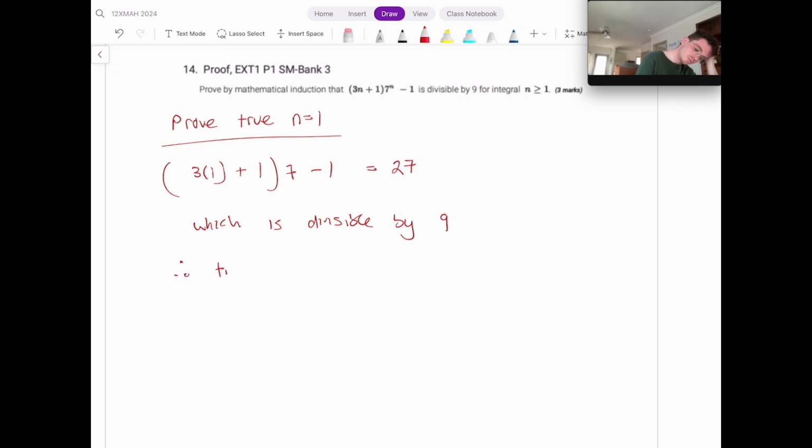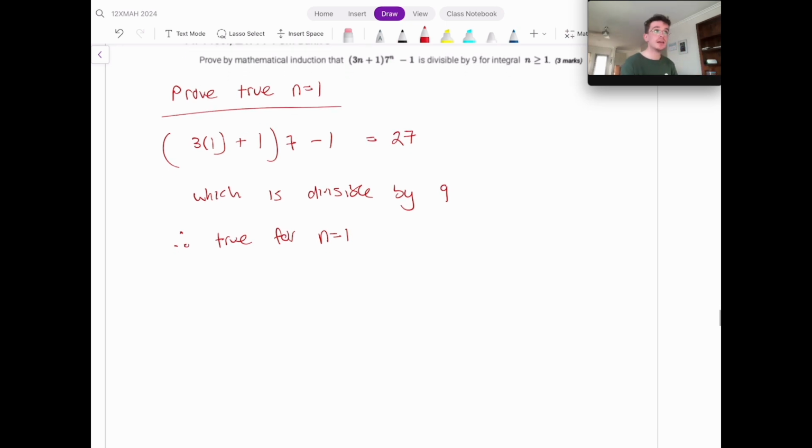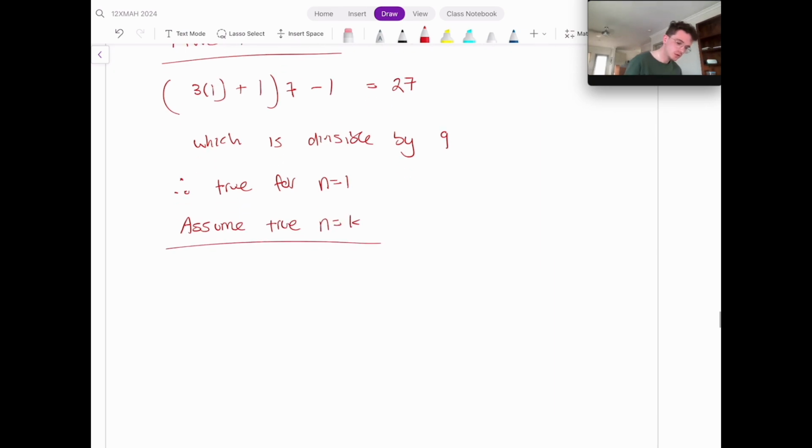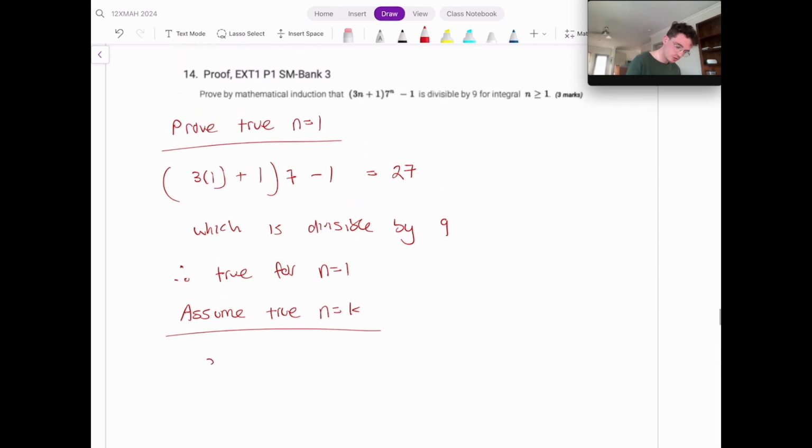Therefore true for n is 1. We know the next step is going to assume true for n equals k. So we're going to say 3k plus 1 times 7 to the k minus 1 is equal to 9p, where k and p are some positive integers.